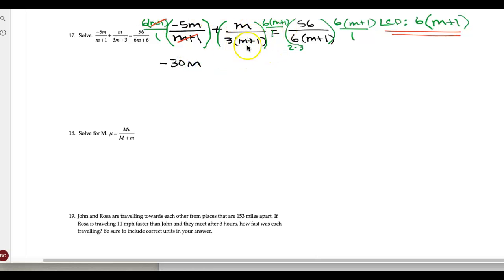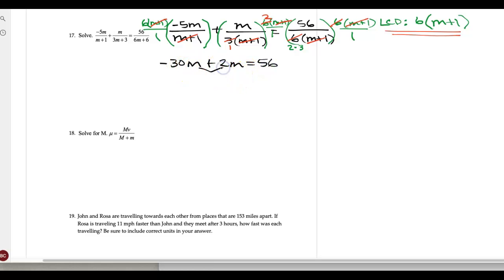The m plus 1's divide out, and 3 divides into 3 once and into 6 twice, so I'm left with plus 2m. On the last part, my m plus 1's divide out, and also my 6's divide out, so all I'm left with is 56, so equals 56.